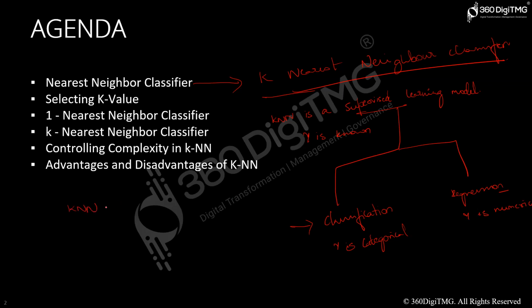So, in K nearest neighbor, what we do here is find the nearest neighbor by using data points.